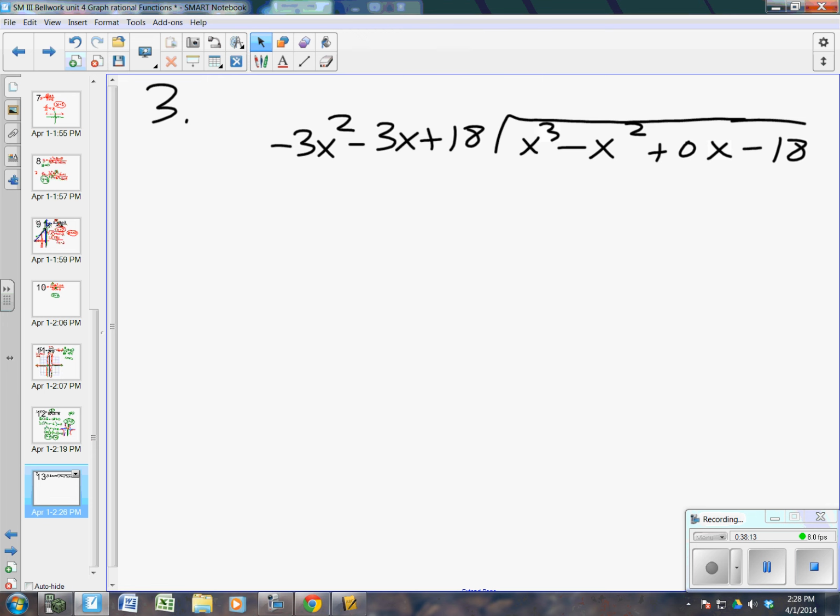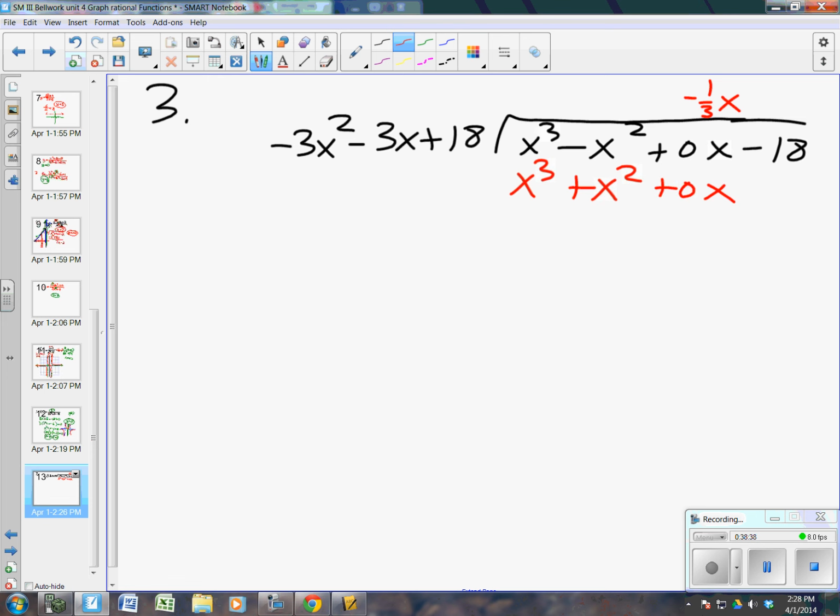So I'm going to do this. It's going to be a negative 1/3 x that we're going to multiply it by. Negative 1/3 x times negative 3x squared is going to be x cubed. Negative 1/3 x times negative 3 is going to be x squared. Negative 1/3 x times 0x is 0x.